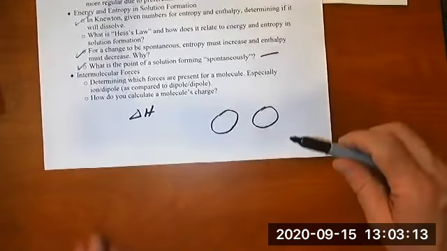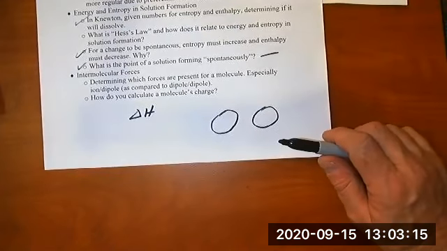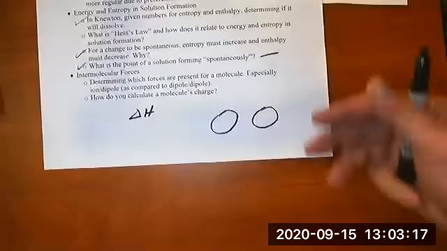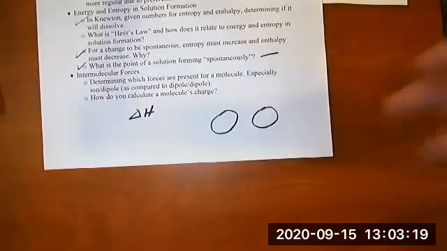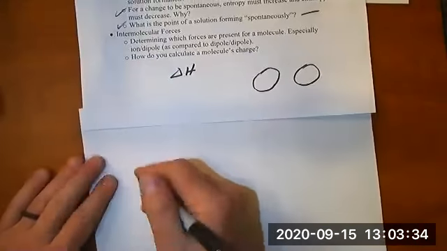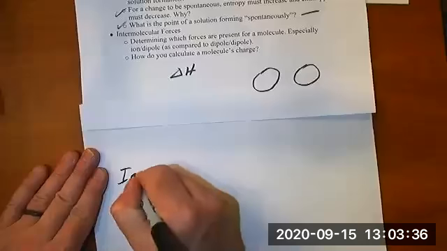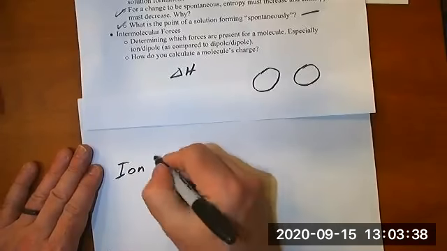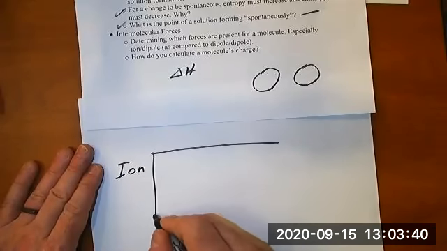Secondly, there seems to be a lot of confusion about how to identify which properties a molecule has, ion or dipole or something of this sort. When you're trying to identify the forces, I think of it in terms of a grid.